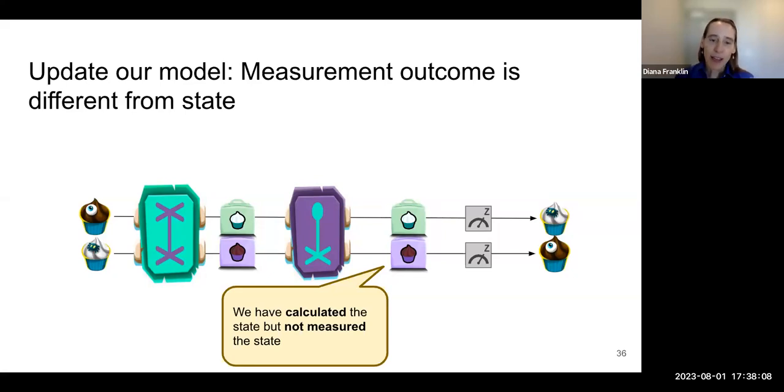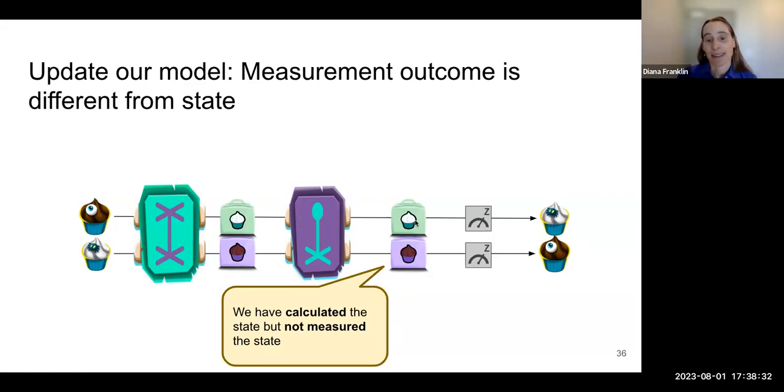This also means that we need to adjust our model a little bit with this new information. So now we have to have a distinction between what the state actually is and what we measure. When we're looking at something classically, there's no difference. So I have a chocolate cupcake, and then I put it through a swap. I know that now it's a vanilla cupcake because the other was a vanilla cupcake, so they traded values. But until I measure it, I don't know for sure.